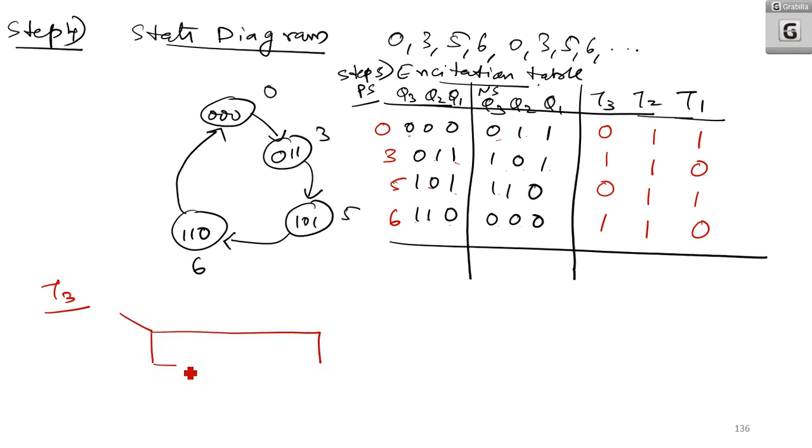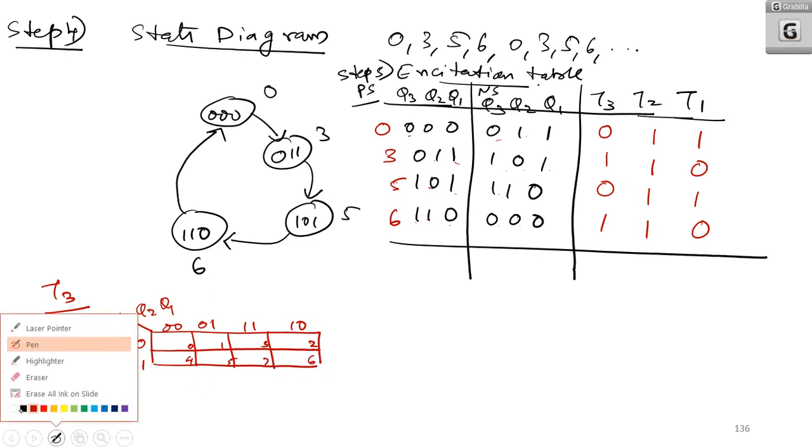This is Q3, Q2, Q1, with 0, 1, 2, 3, 4, 5, 6 and 7.